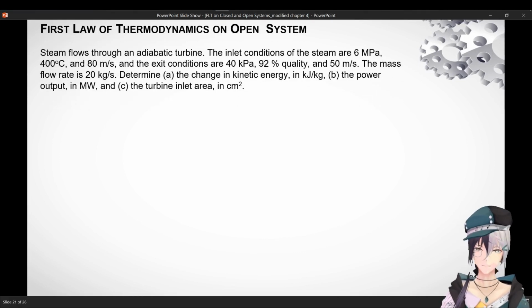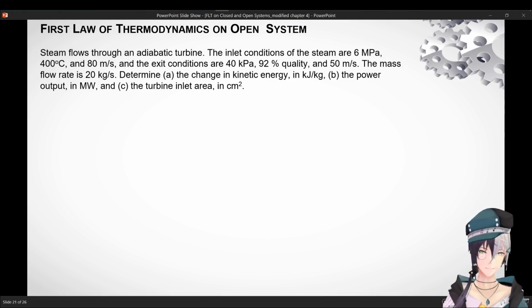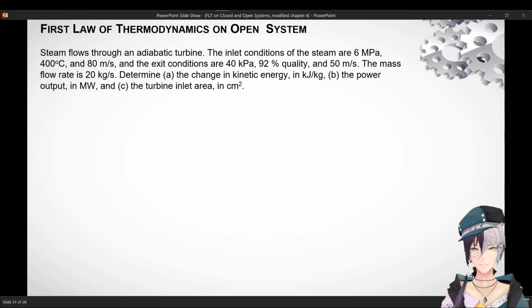Let's take one more example. We now have steam flowing through an adiabatic turbine. So what is adiabatic? A perfectly insulated system, so no heat is going in or out of the system.